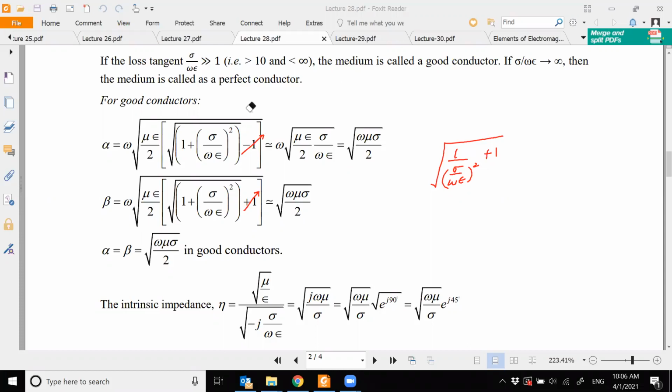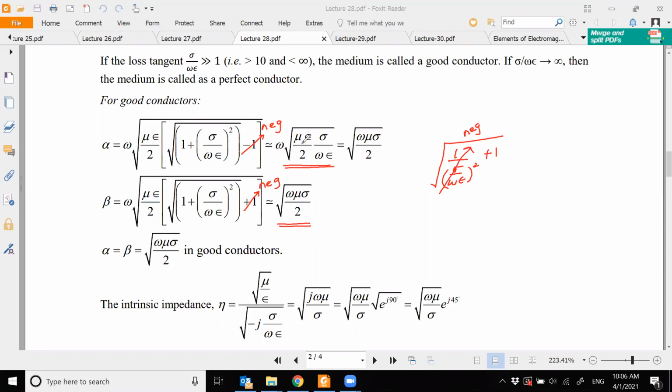So this is neglected. And therefore here also this term will be neglected, and root of 1 will be 1. And that's why you will see that my alpha is now simplified to this expression, and beta is also simplified to this expression.